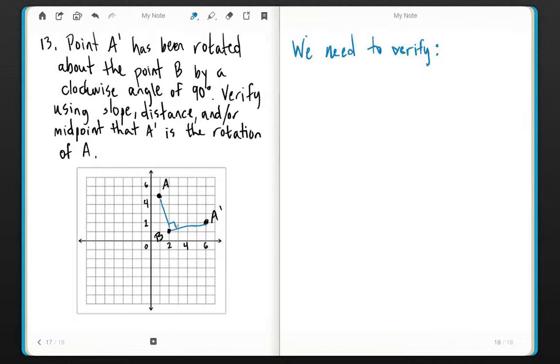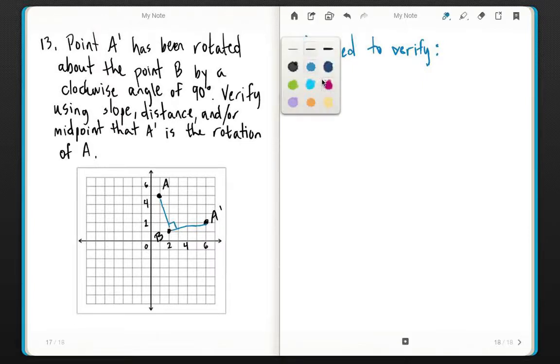That means the lines are perpendicular, and to prove two lines are perpendicular, we use the slopes and prove that the slopes are opposite reciprocals. So we need to verify the slopes are perpendicular. I'm just going to use the symbol for perpendicular because writing on this tablet is a little annoying at times.